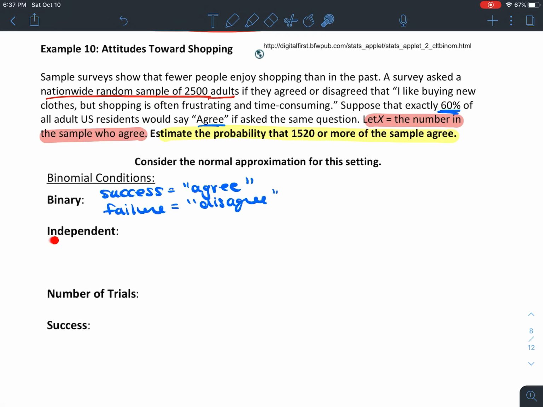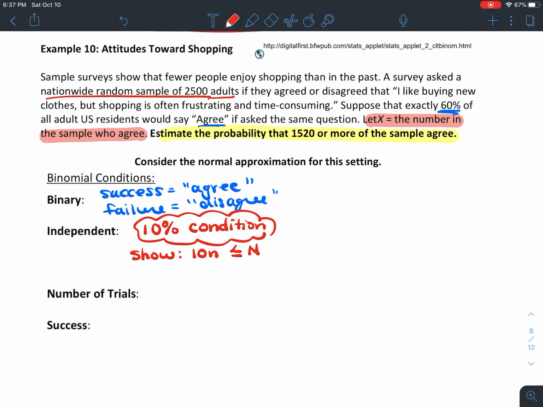Since it's without replacement, I have to be really careful with the independence condition. In order for the independence condition to still be met, I have to show that the 10% condition is met. Remember, that's making sure that 10 times our sample size is still less than or equal to our population size.